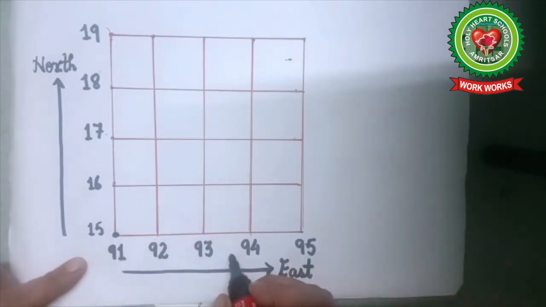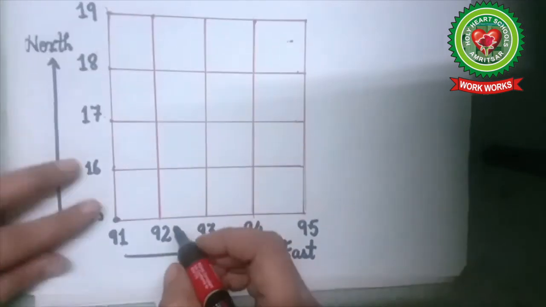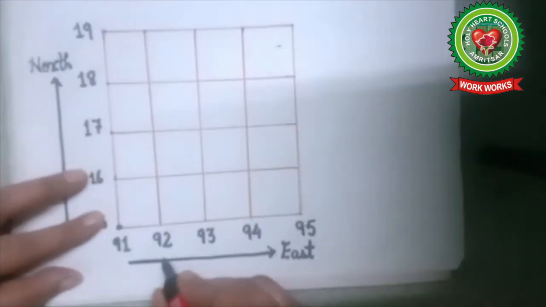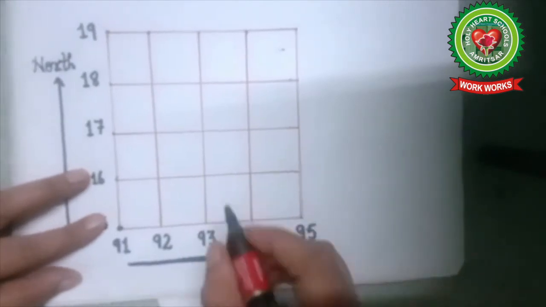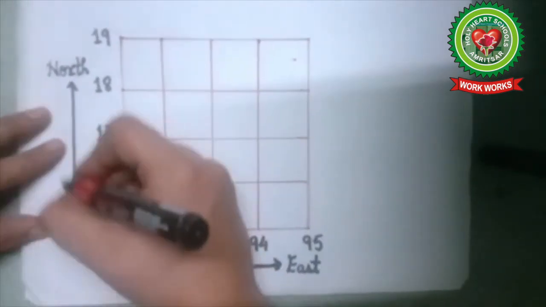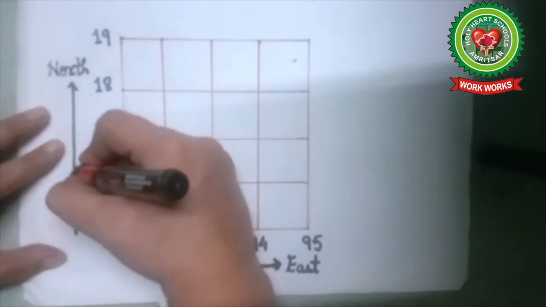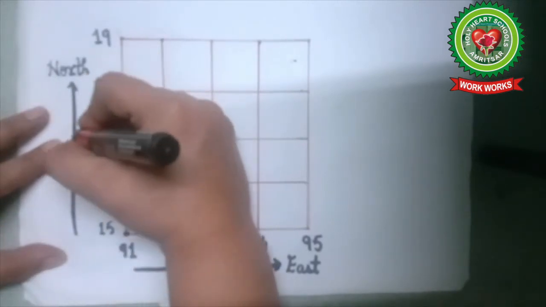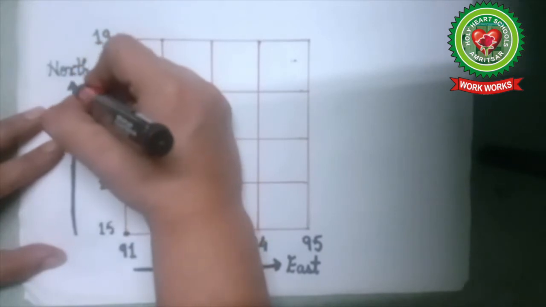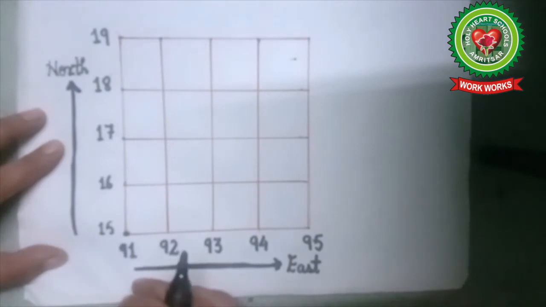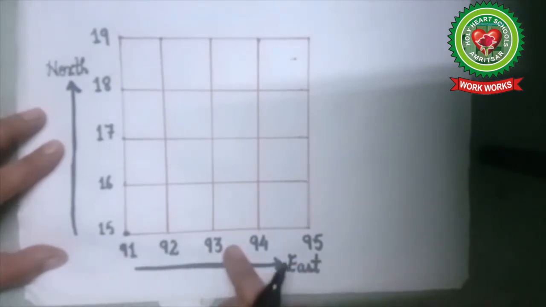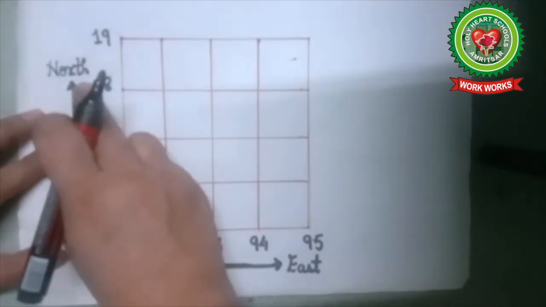Eastings are always read to the east of this origin, while northings are always taken to the north of this origin. Children, on the topographical maps, eastings are always read first, followed by the northings.